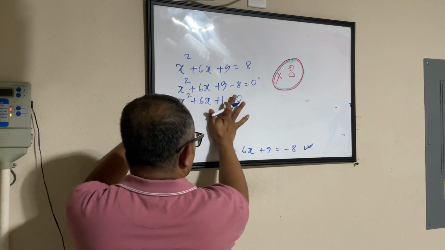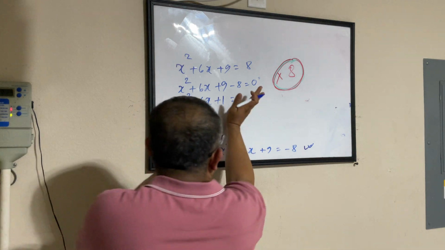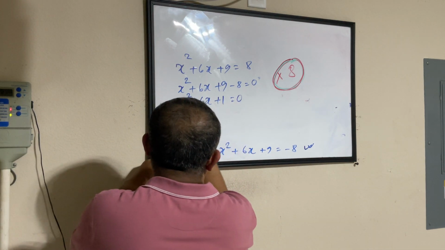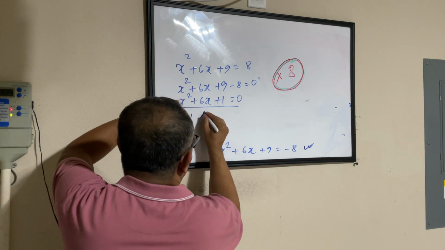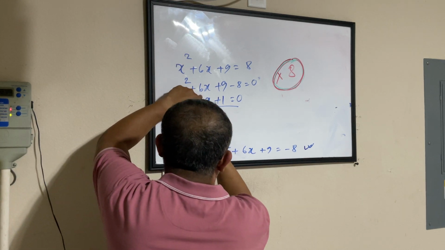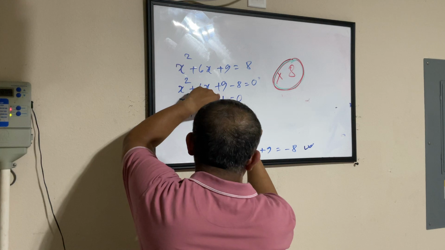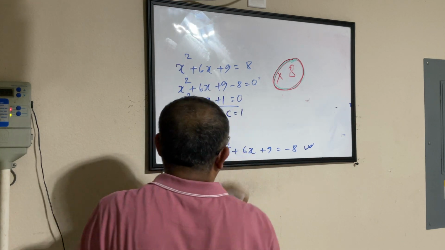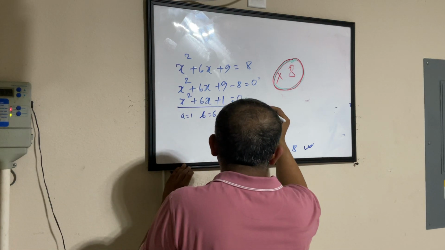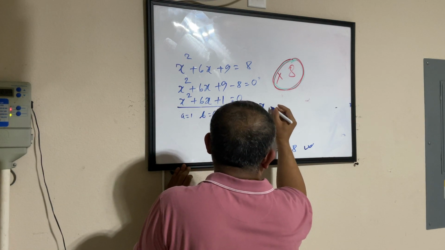And when you solve it using the quadratic formula, what does the quadratic formula say? Here in this equation, what is your A? A is 1, which is the coefficient of x squared. B is nothing but 6, which is the coefficient of x. And C is nothing but the last constant, which is 1. Let's look at the value of x.